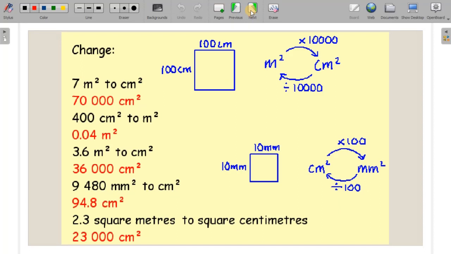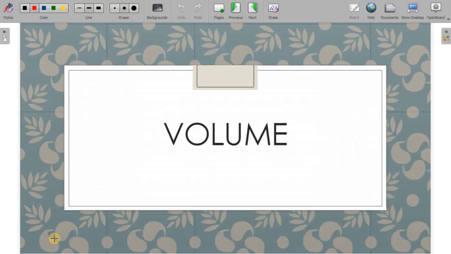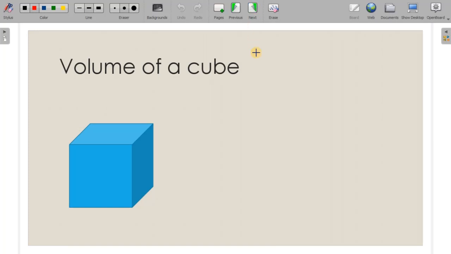I hope you learned something about area. And now we're going to proceed to the next conversion, volume. Volume is with 3 dimensions. If this is your length, this is your width, and this is your thickness. For example, this is 2 centimeters.